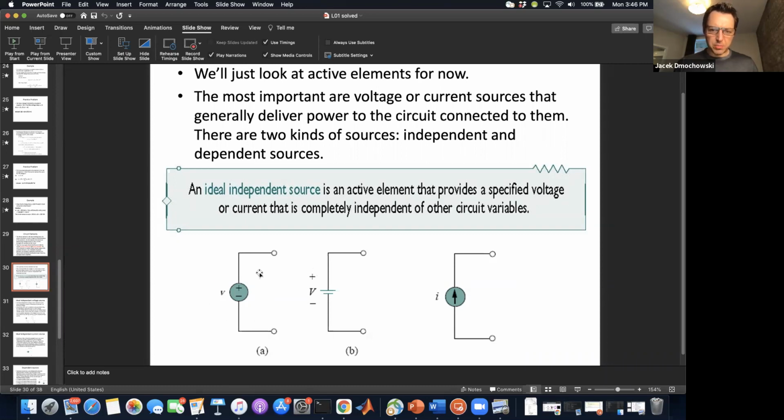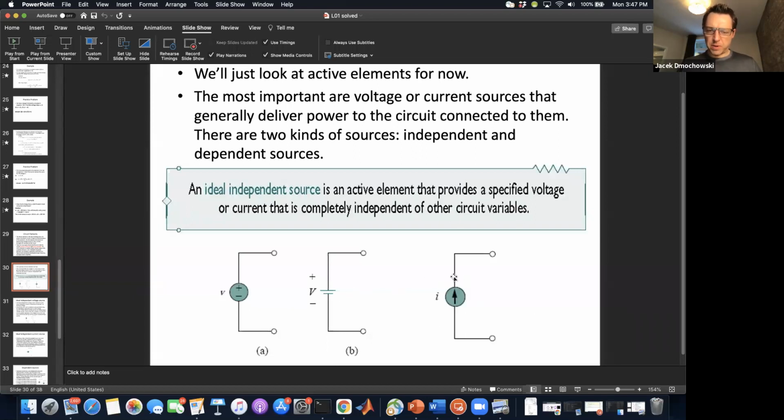So this symbol means that v can be a waveform. Here v can be a function because it's lowercase v. The uppercase V means that it's a constant, for example, a 9-volt battery. And again, no matter what happens in the rest of the circuit, the voltage between this point and this point is equal to capital V volts.